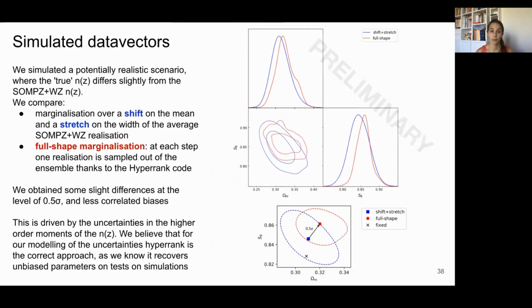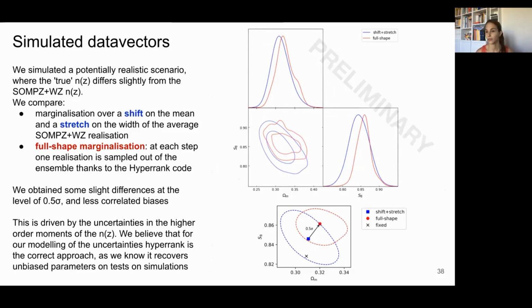By looking at the simulated data vectors, for now at least, we simulated a potentially realistic scenario where the true N(z)s are slightly different from the N(z)s that we are testing. And we are comparing two different marginalizations.